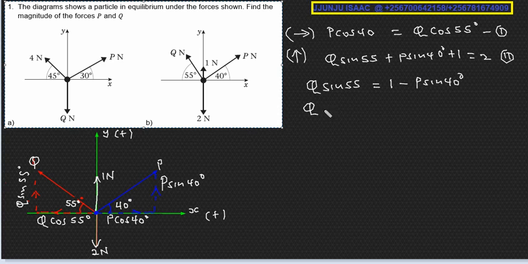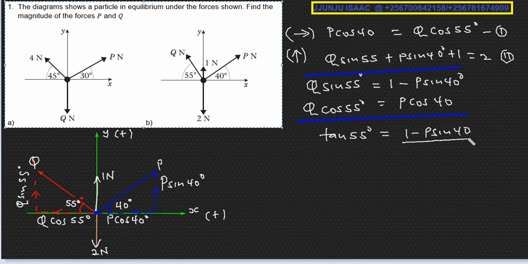Then also Q cos 55 degrees equals P cos 40. I'm interested in solving these 2 equations. So what we can do now is to divide, so that we will get rid of the Q. If we divide, we shall get sine over cos, which is tan 55 degrees, equal to 1 minus P sine 40 over P cos 40 degrees.